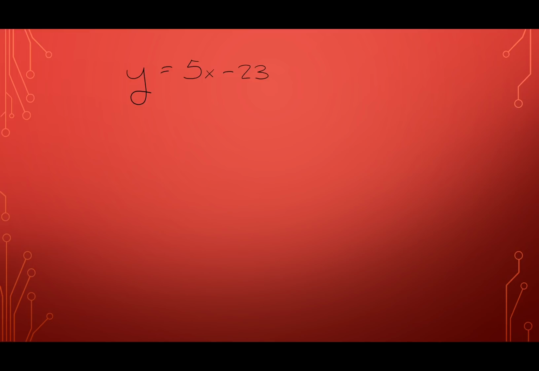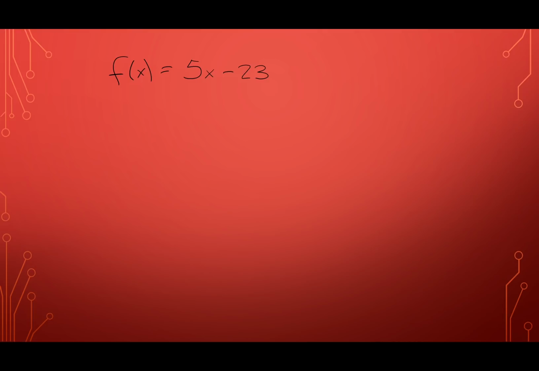And they said, find the inverse. Okay, let's be real. Are they going to give you y equals 5x minus 23 in this book? No. That was just rude. They actually write it as f of x equals 5x minus 23, right?